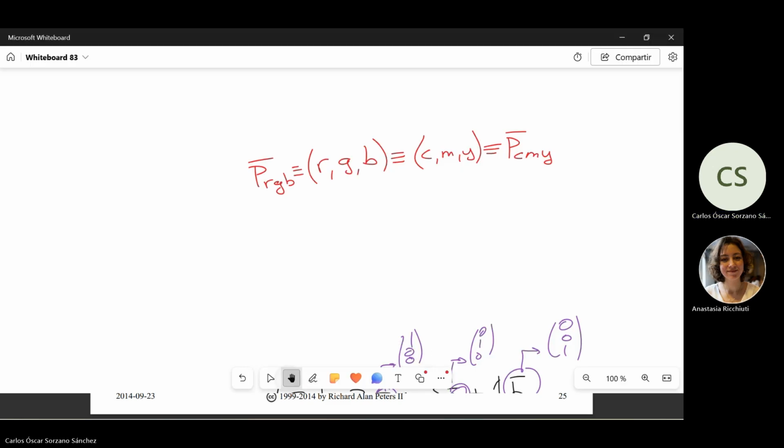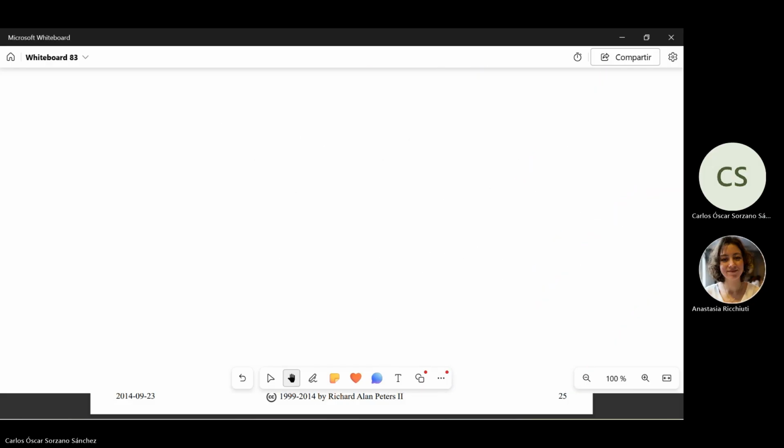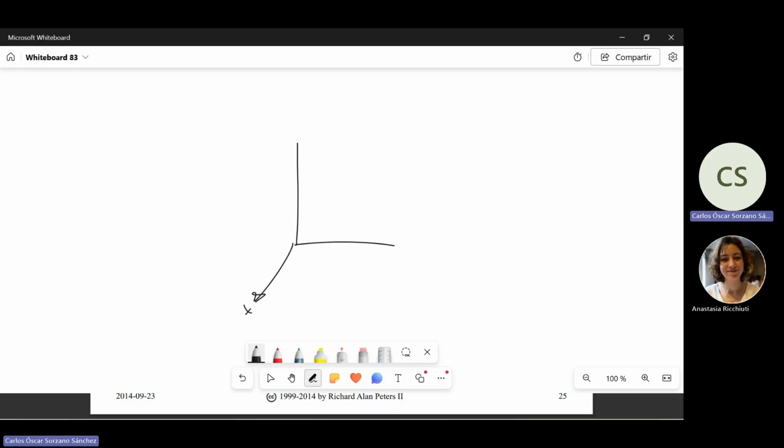Let's say that you have this plane here, and this plane is defined by a vector that is perpendicular to it.